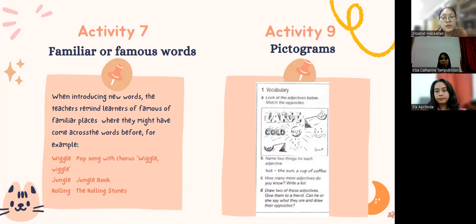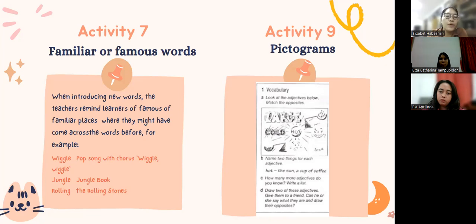So students are not only thinking about the meaning of each word, but also about opposite words and examples of objects for each adjective that has been mentioned, like hot.